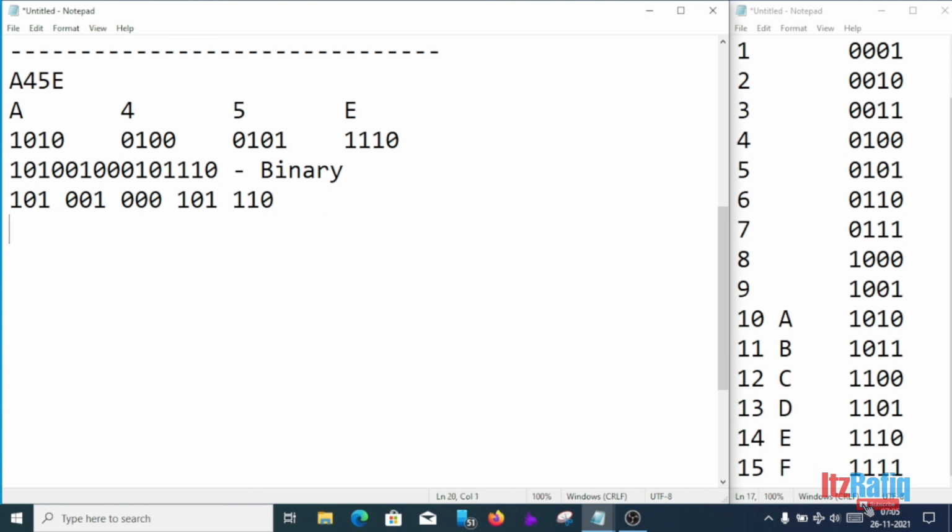Now we'll write the numbers. 101 means 5, then 001 means 1, 000 means 0 only, 101 means again 5, and 110 means 6. So this is how we can easily convert a hexadecimal number into octal without any division.